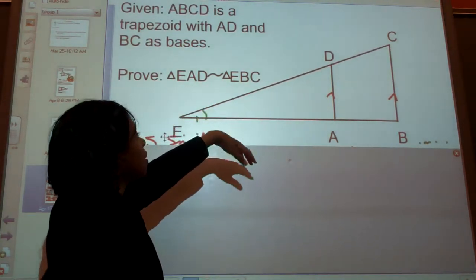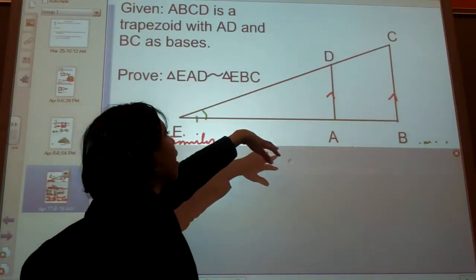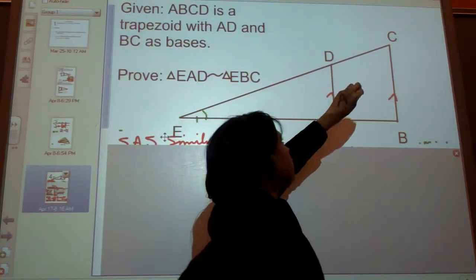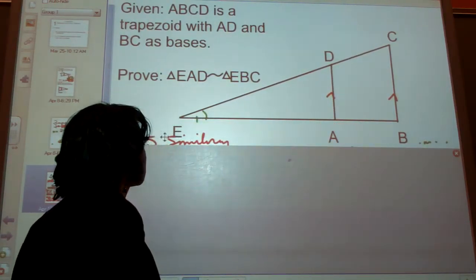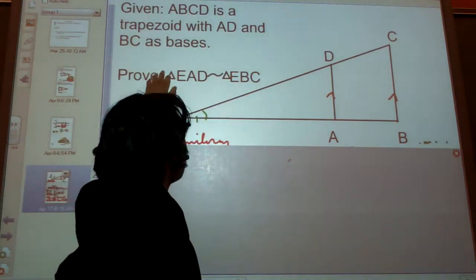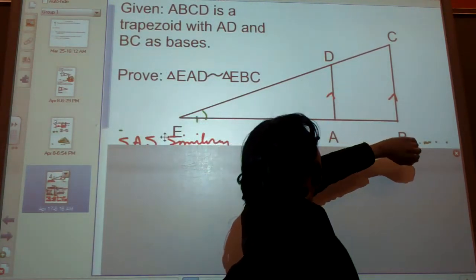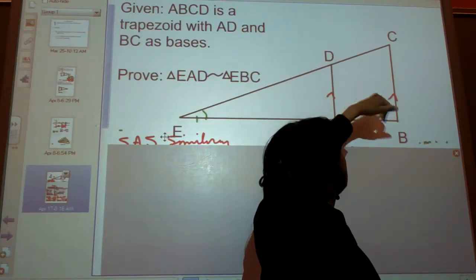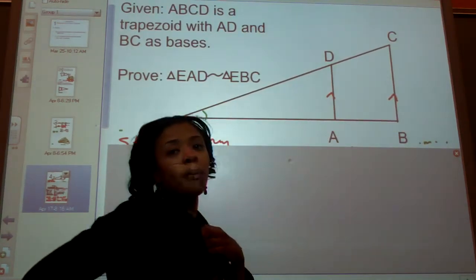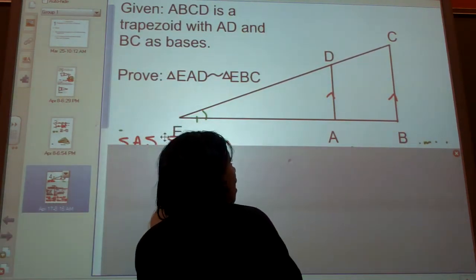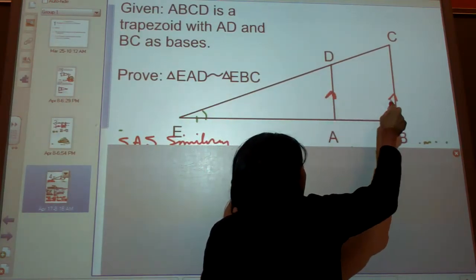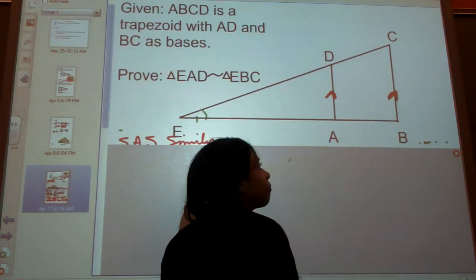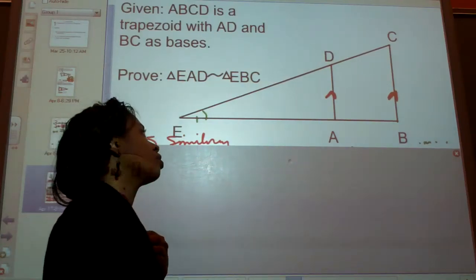If I'm given this information, where I have ABCD is a trapezoid, we need to first of all remember what a trapezoid is, and we're told that the bases are AD and BC. And if we know what bases are, that means that the two bases are automatically parallel on a trapezoid. So AD will be parallel to BC.